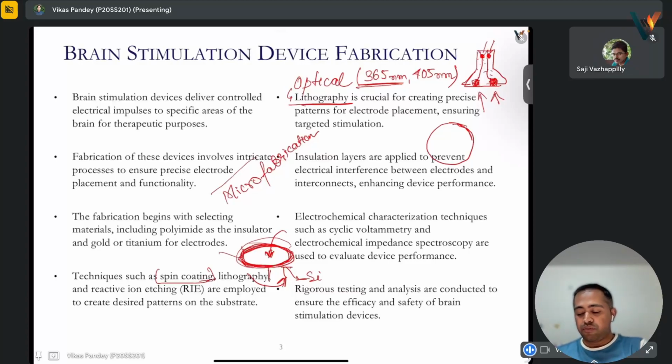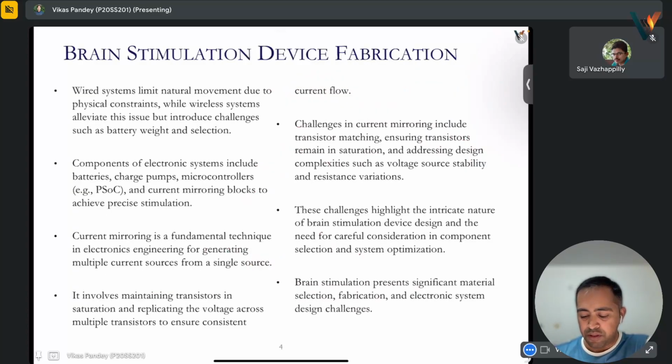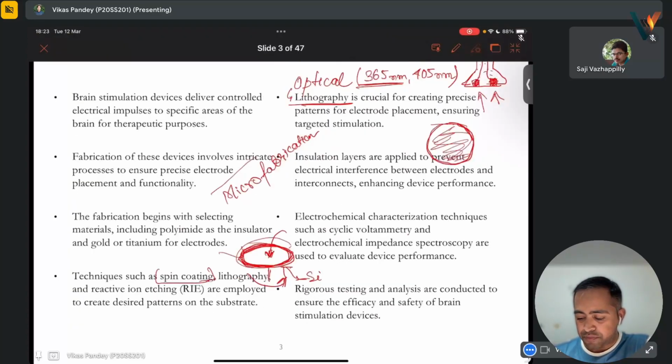So suppose this is the wafer, and we have spin coated a photoresist material over it. Then a pattern like this is brought over it, a glass sheet with this pattern made of chromium, which is opaque to light.